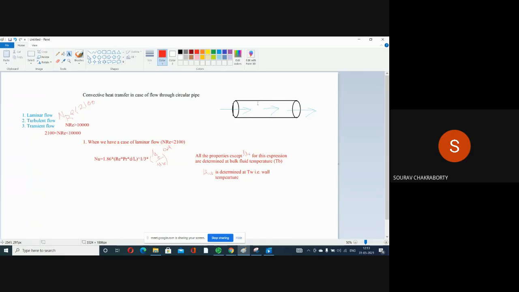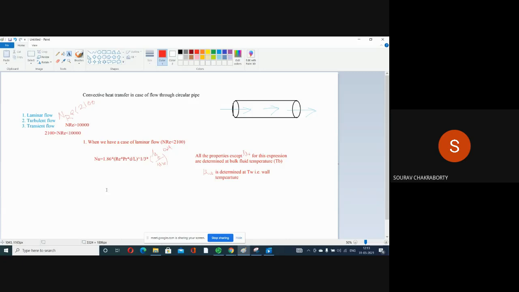Based on the wall temperature, the mu W value will be obtained. For the bulk fluid temperature TB, we take the average of T1 plus T2 divided by 2. Once we have the bulk fluid temperature, we can determine the other values like mu B, and the Reynolds number and so on.